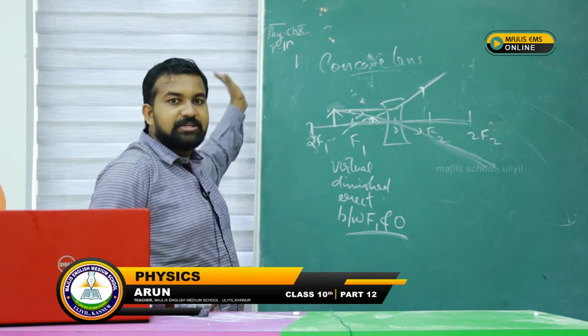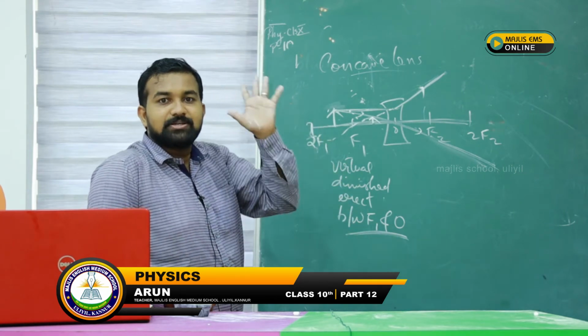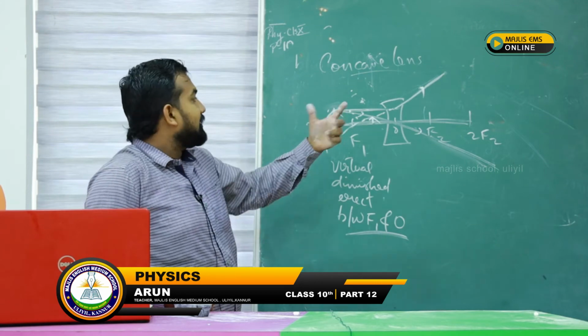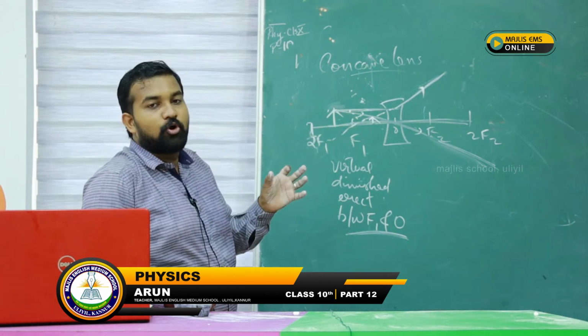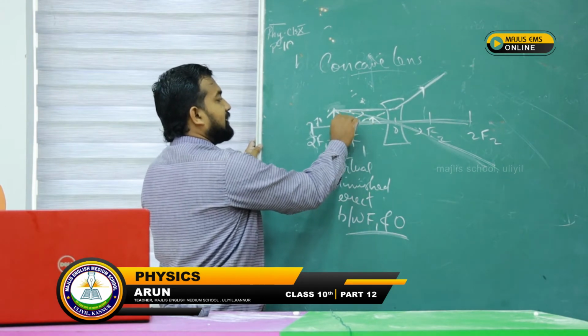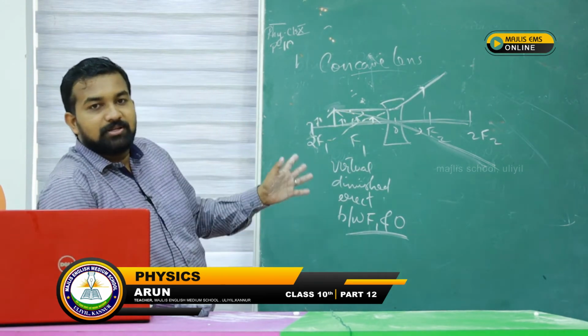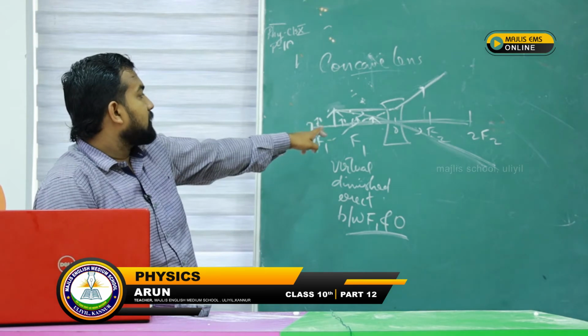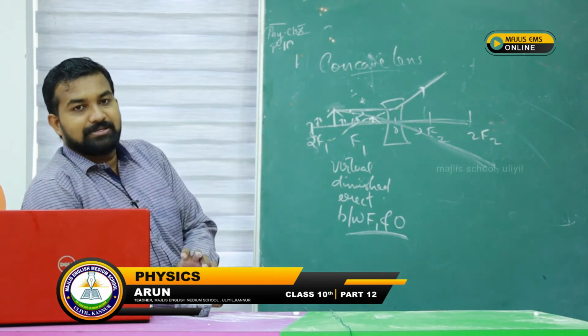When it is at infinity, the virtual image will always be formed at f1. Wherever we keep the object, the image will be formed between f1 and the optical center.